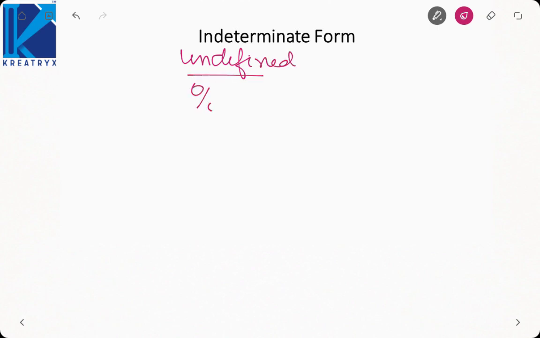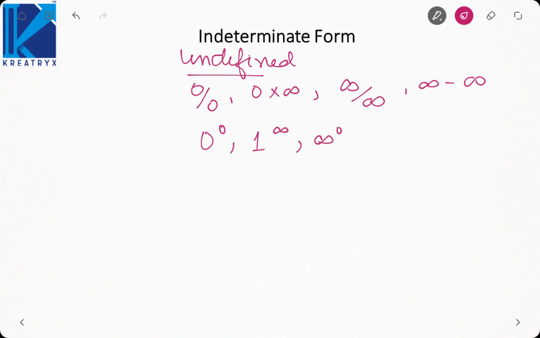If it is 0 by 0 or 0 into infinity, infinity upon infinity, infinity minus infinity, 0 raised to the power 0, 1 raised to the power infinity, infinity raised to the power 0. These expressions cannot be determined. That is, you cannot assign a numerical value to such cases. If you have such cases, then we use L'Hopital rule.